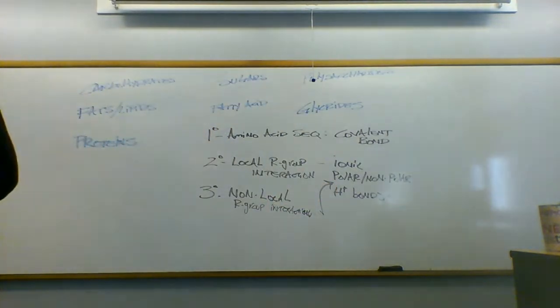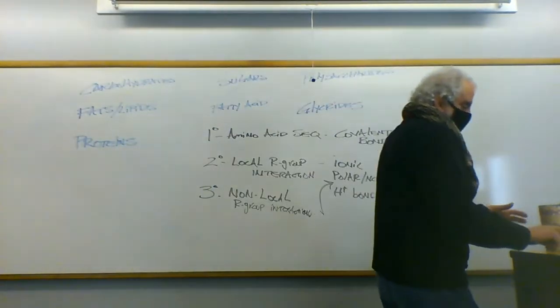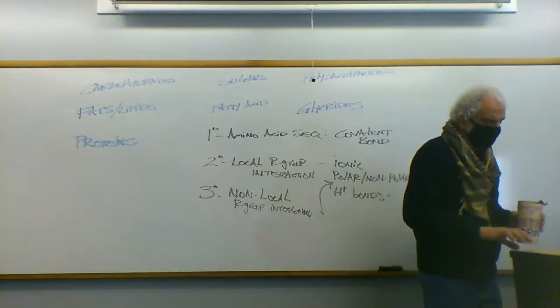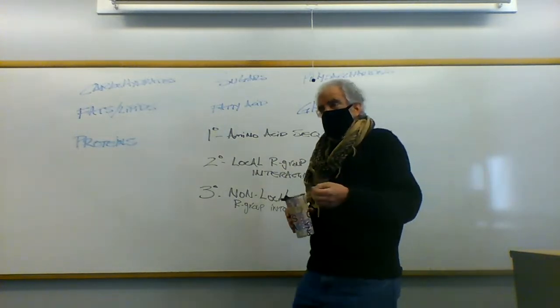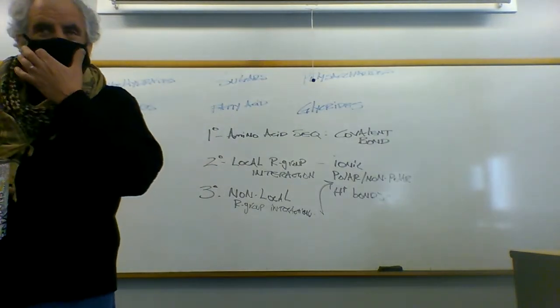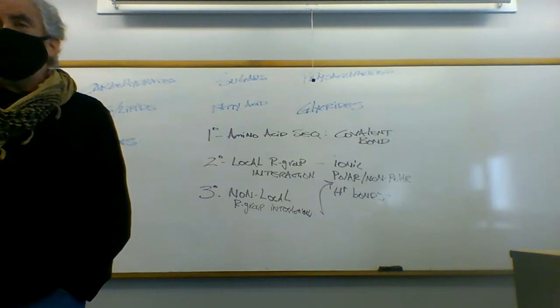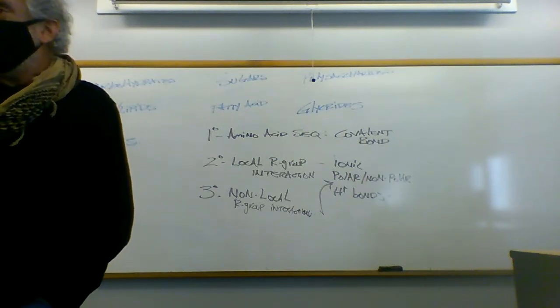So, from this falls out the fact that A, proteins are pretty darn delicate. B, we can have really minor changes in conditions that will begin disrupting secondary and tertiary structure. You're going to need some really serious, nasty conditions to disrupt primary structure.